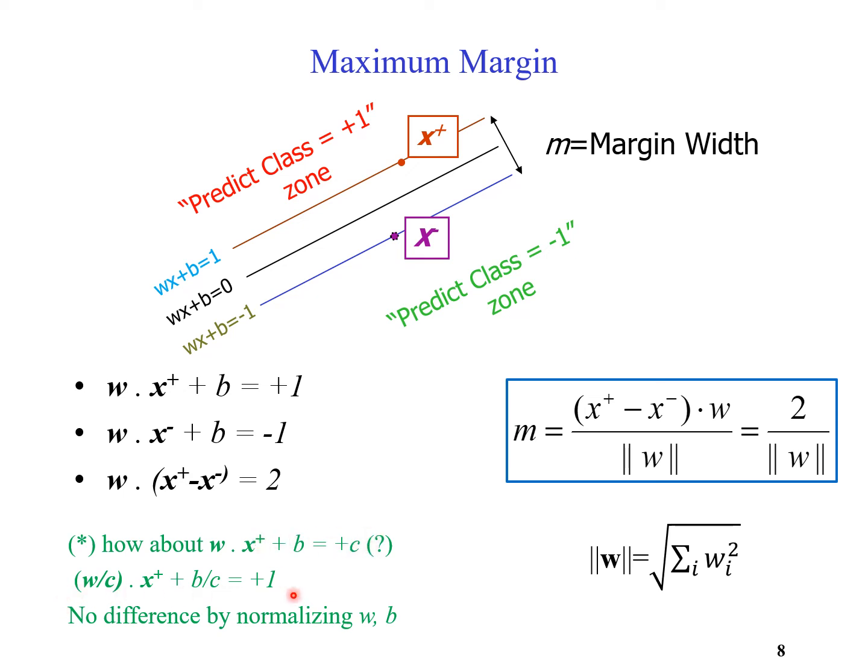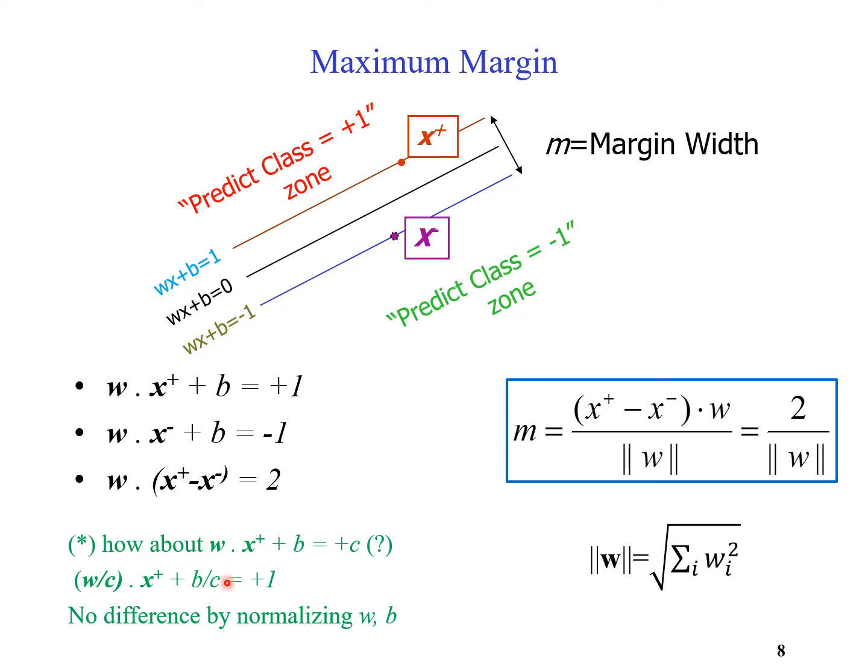Now if we try to find w divided by c and b divided by c, then the problem is the same. It doesn't make a difference.